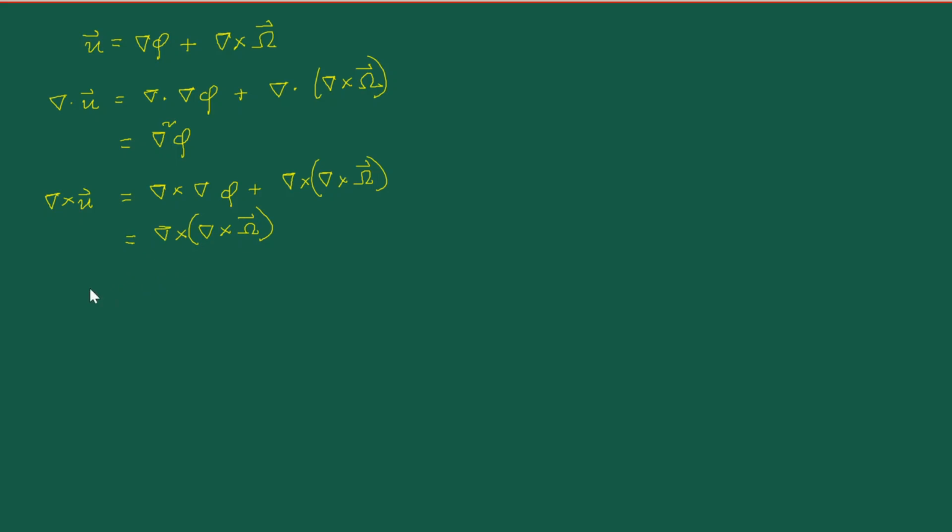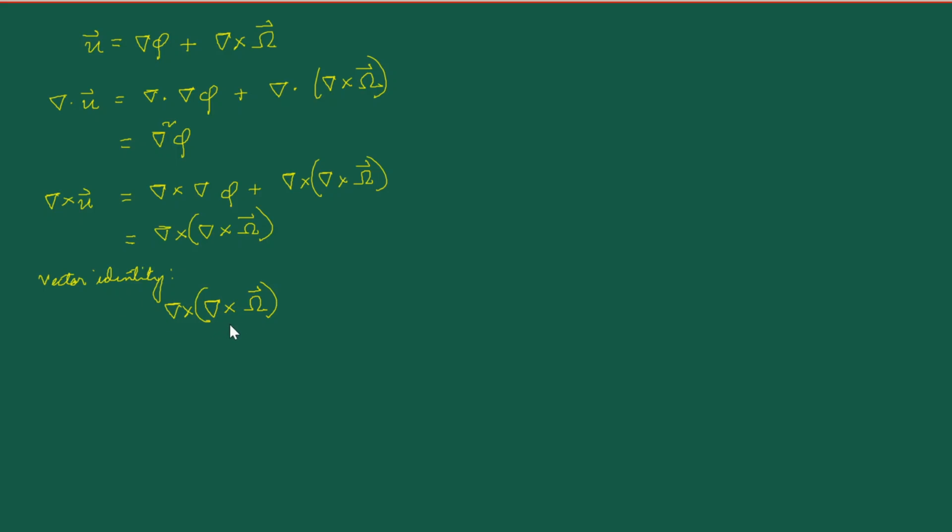This is the part where I have to first use my vector identity. And this is the same vector identity which I was referring to a little while ago. You'll see that we'll have to use this vector identity a few times. So what is this vector identity? You can actually verify for yourself that what I'm going to write next is actually true. We use this particular vector identity, which tells us that the curl of a vector.